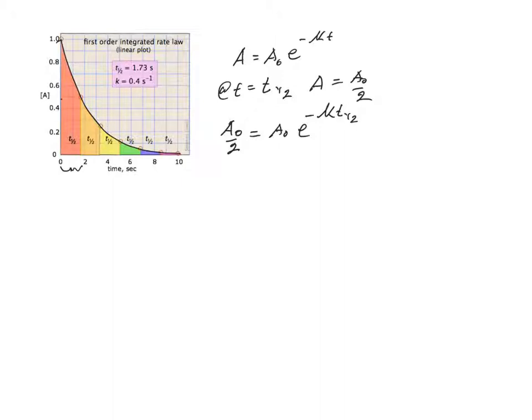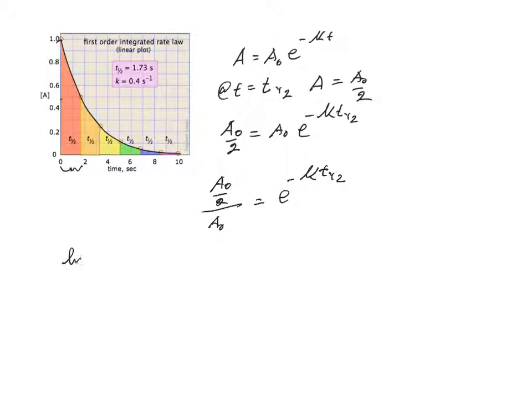Okay. Now we want to solve for k and t, so we need to take the logs, okay? So let's bring everything over to the left side that's not in the log, and we have A naught over 2 divided by A naught is equal to e to the minus k t1/2. Now we can take the natural log of both sides.